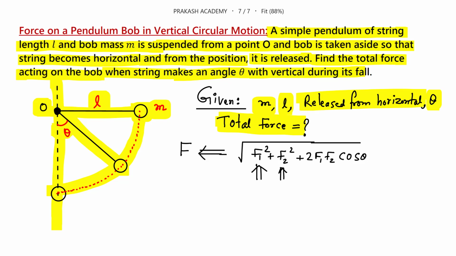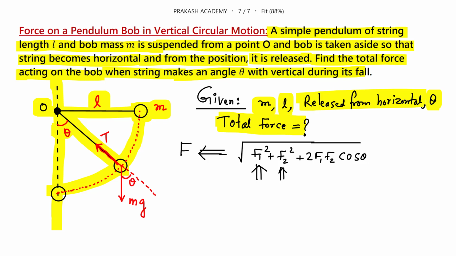So let us first draw the free body diagram and then it will be more clear. At this point, one force that is acting is mg, and there is a force that will act in this direction, and this force will be tension, and this angle is theta.